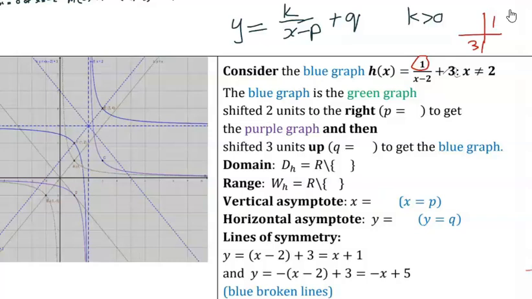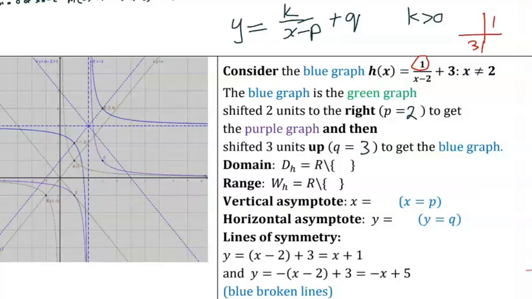In this case my p is equal to 2 and my q is equal to 3, so the blue graph is the green graph, the mother graph, shifted 2 units to the right because p is positive.